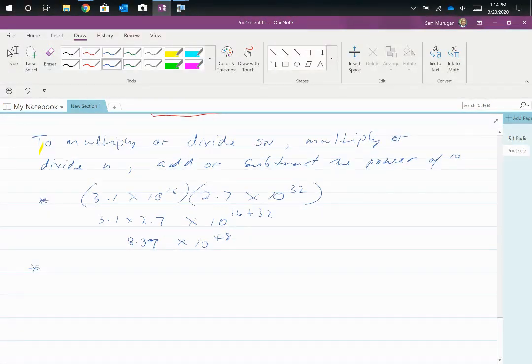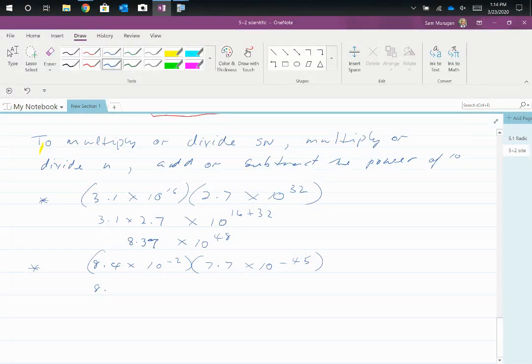One more example, 8.4 times 10 to the power negative 2 times 7.7 times 10 to the power negative 45.